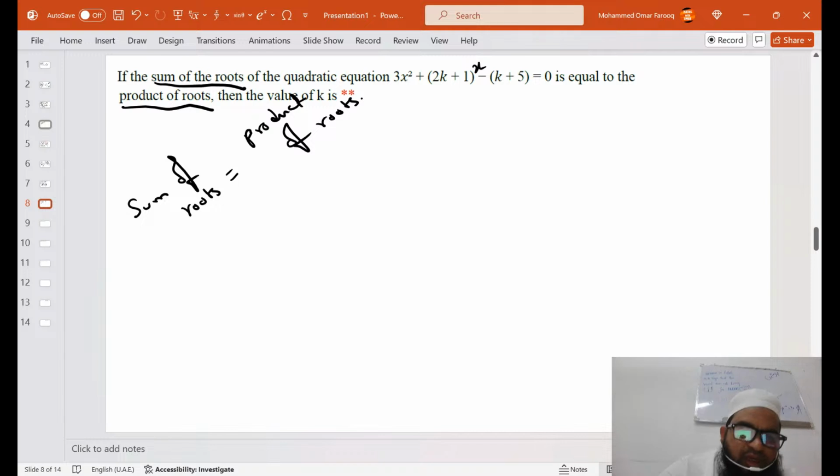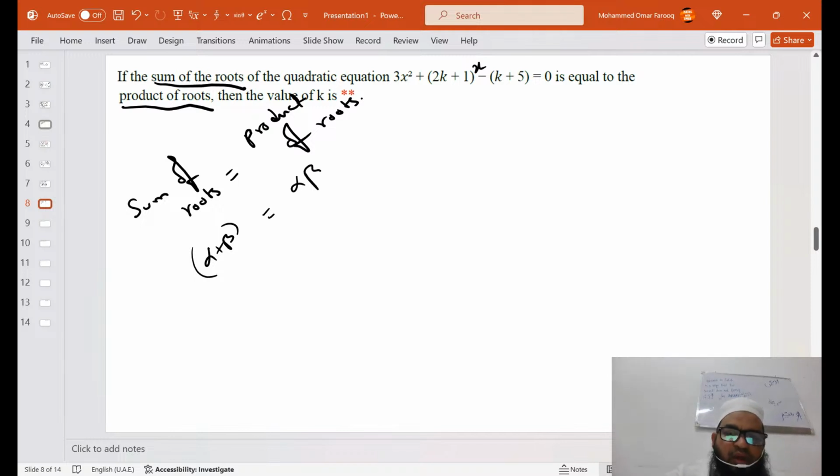That means alpha plus beta. So alpha plus beta is equal to alpha beta. You don't know the sum of roots formula, so you don't have alpha and beta. So therefore, can I take it as minus b by a is equal to product of roots, c by a?